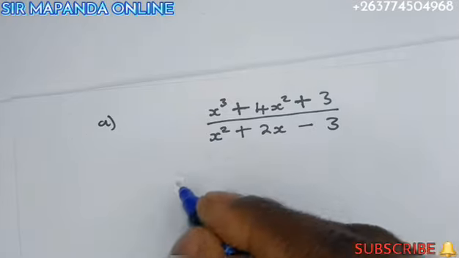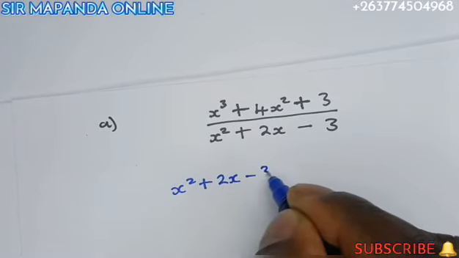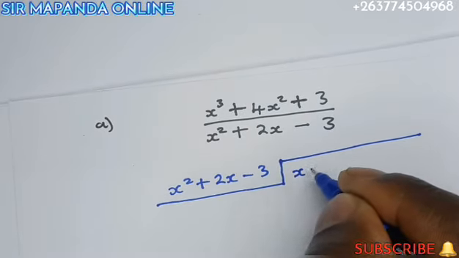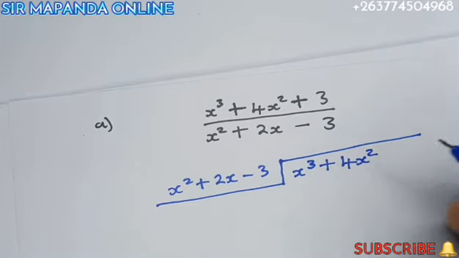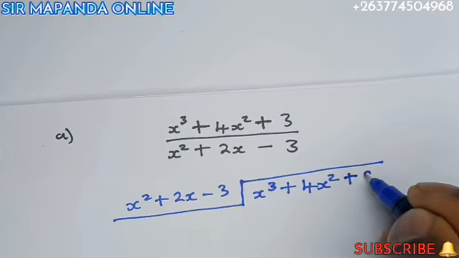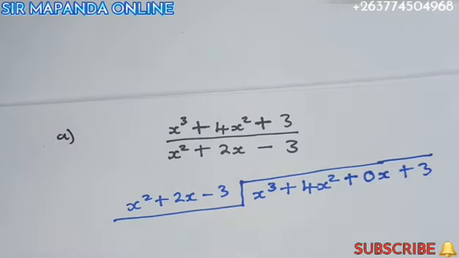We are going to say x squared plus 2x minus 3 is going to divide x cubed plus 4x squared. Since there is a missing term in x, let me represent it with 0x here, plus 3. This is very important, especially in aligning the like terms.